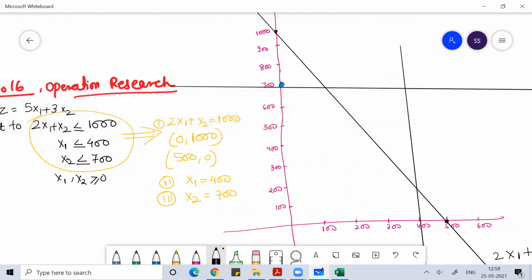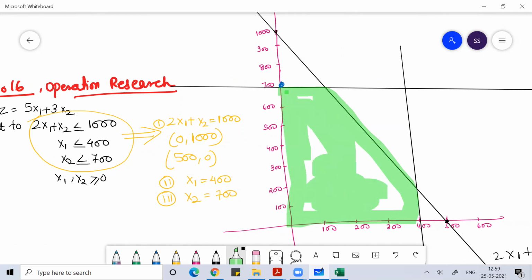So you get this. This is x2 less than or equal to 700, which means what area will we consider? The area we consider is this area. All are less than or equal to, so this would be your common area which we will consider.